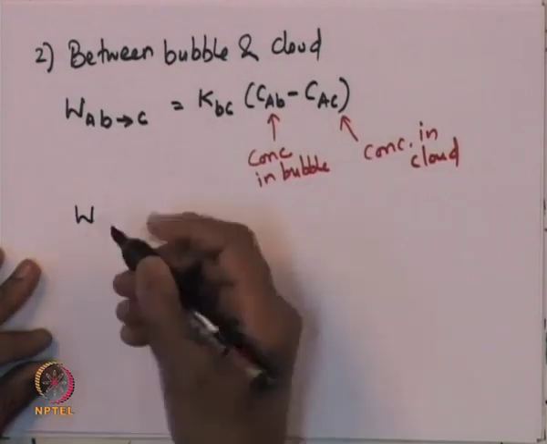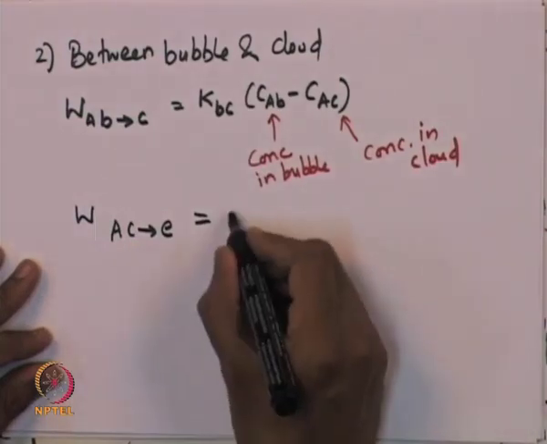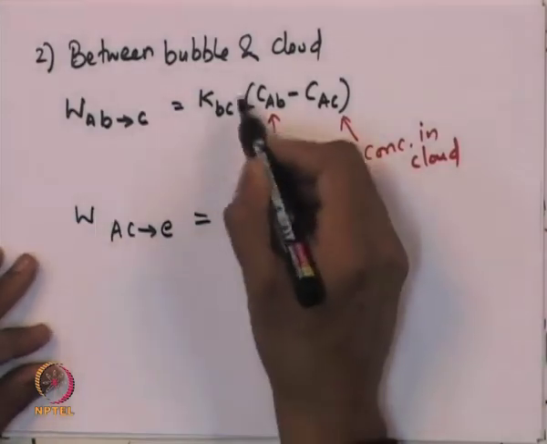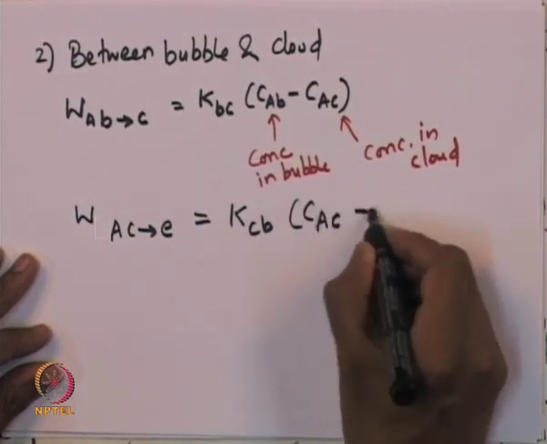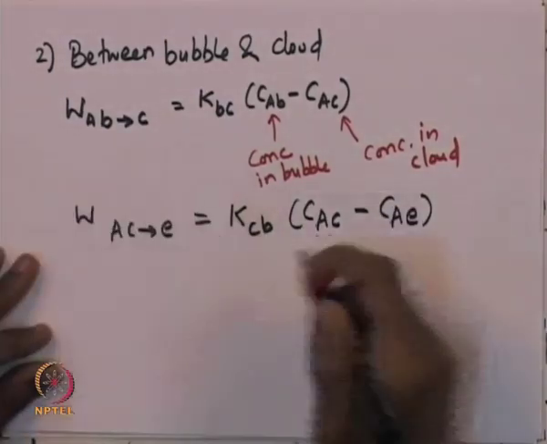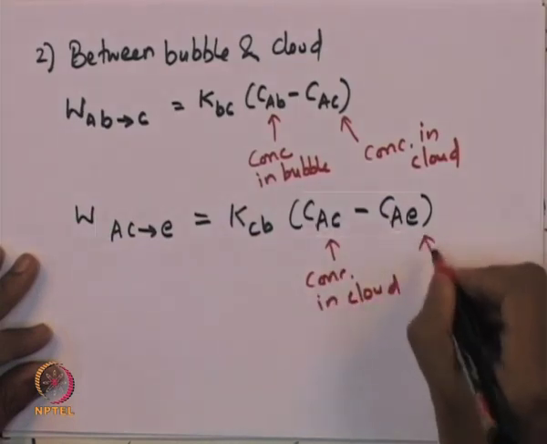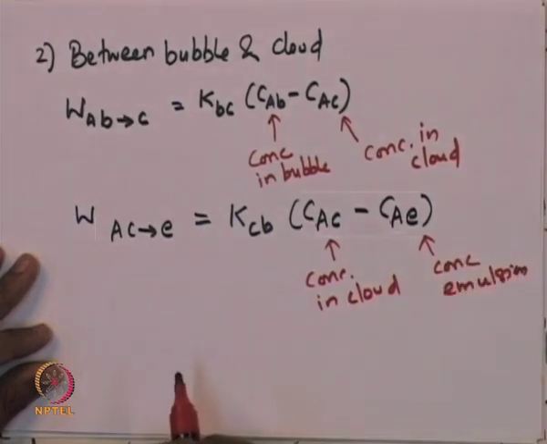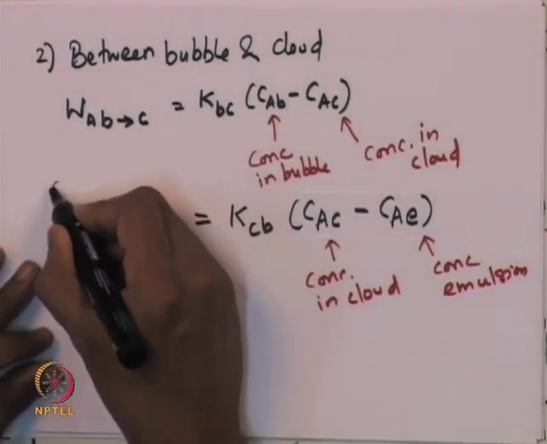And similarly, for transport from the cloud phase to the emulsion phase, the expression can be written as KCE, where KCE is the corresponding mass transport coefficient, and in the previous case KBC is the corresponding mass transport coefficient, multiplied by CAC minus CAE, where CAC is the concentration of species A in the cloud phase, and CAE is the concentration of species in the emulsion phase. So, this is for the mass transport between the cloud phase and the emulsion phase.